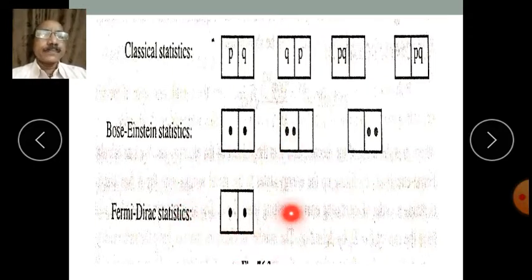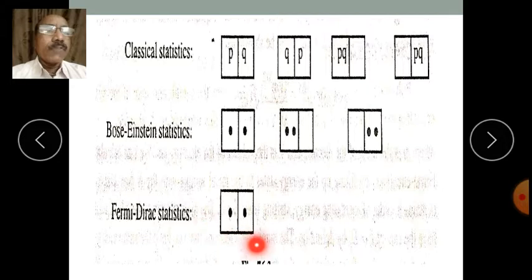This is Fermi-Dirac statistics. Here again the particles are identical and indistinguishable, and one more condition is that no two particles can occupy the same energy state. In other words, no two particles can occupy a single compartment.